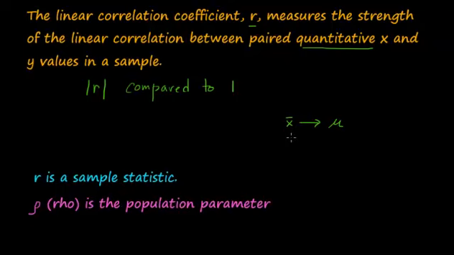We can use our sample variance, remember our unbiased estimators, to estimate the population variance, sigma squared, the sample proportion to estimate our population proportion P, and now we have a correlation coefficient R used to say something about or estimate the population correlation coefficient rho. So it was just in this same vein that we're talking about this new statistic and its population parameter.